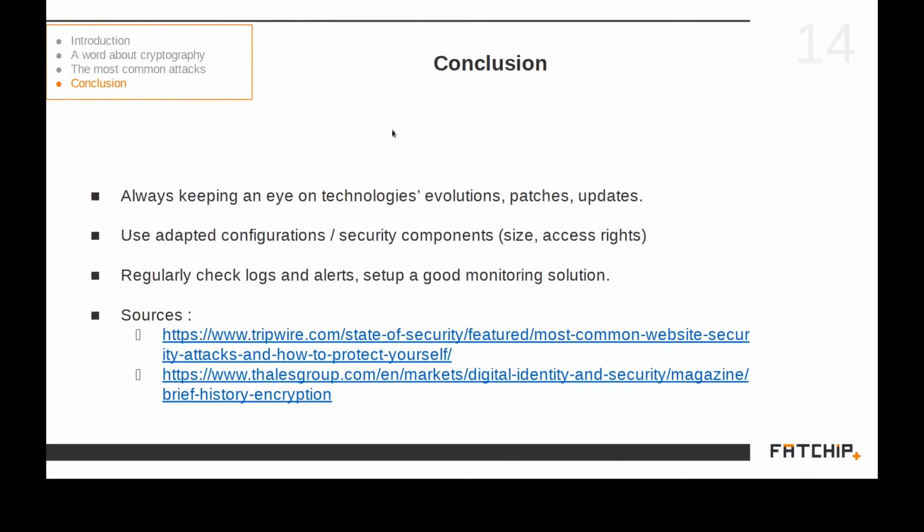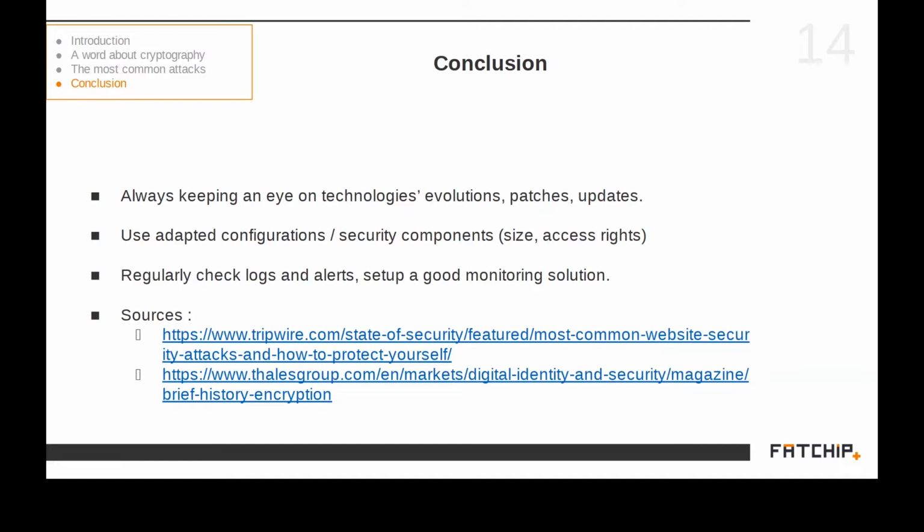So as a conclusion, there are a few points that we can keep updated to keep the system safe, like technology evolution, patches, and updates, of course, as soon as they are ready and available. Configuration: the system should be well adapted to what we want to do, not giving too many access rights, for example, or keeping the size according to what we want to achieve from a resource point of view.